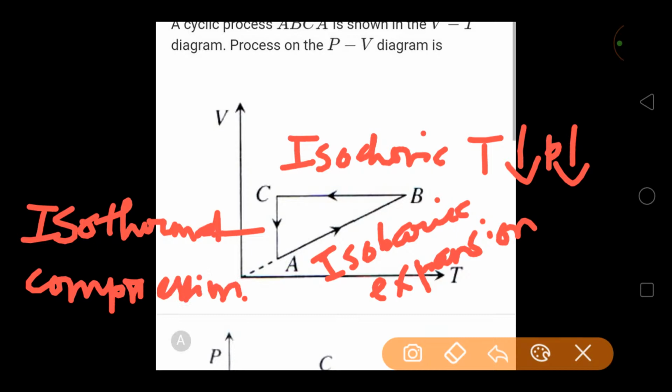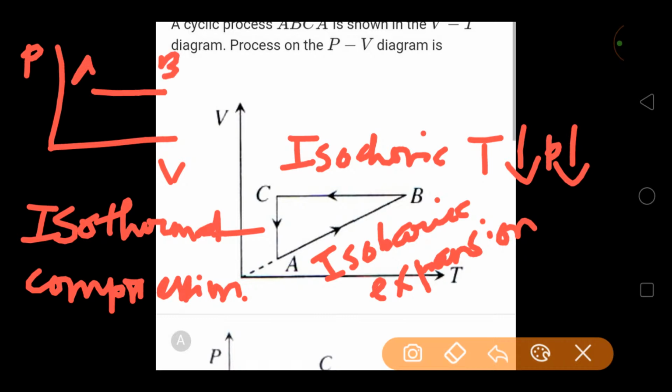Isothermal compression. So if I draw the PV graph for this, for A to B, isobaric expansion. This is A and this is B. B to C is isochoric, temperature decreases, so pressure also has to decrease. So B to C is this. Then C to A is isothermal compression.